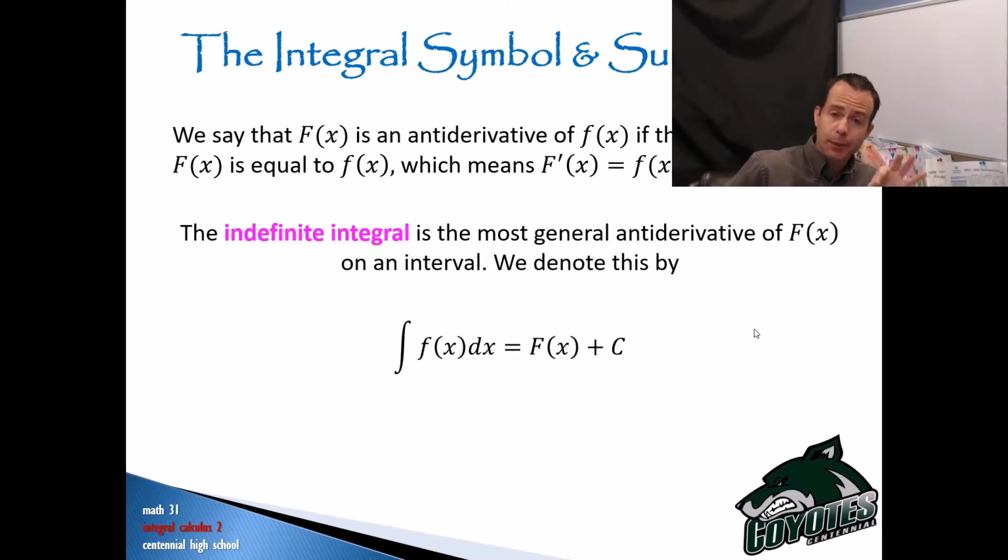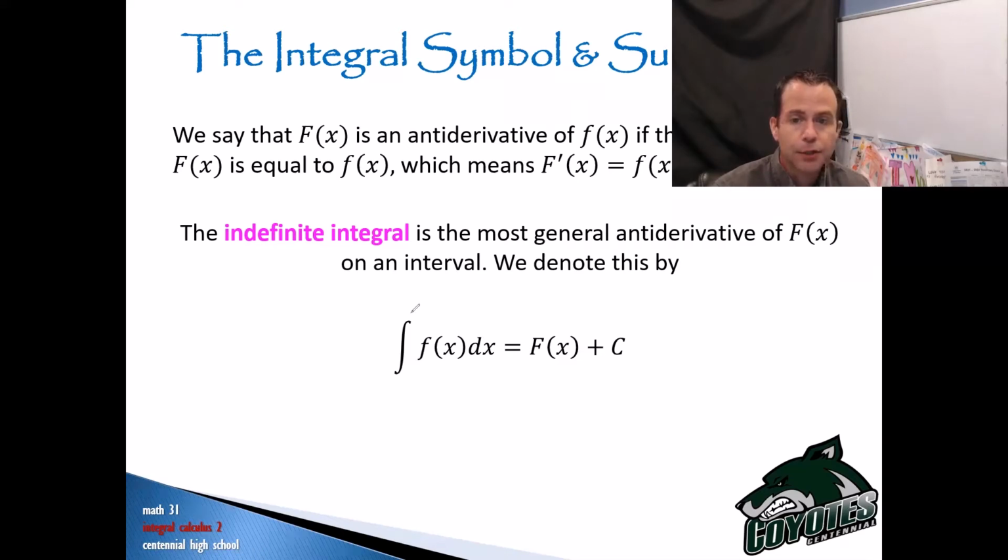And yesterday we called that the indefinite integral, because we had that plus c, and c really could be anything until we had a context. So the indefinite integral is the most general antiderivative of f of x on an interval. And it's denoted by this, and we say the integral of f of x equals big F of x plus c. So I need to unpack this symbol here for a second.